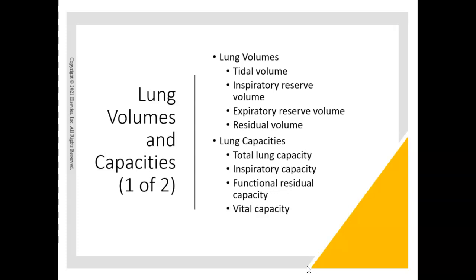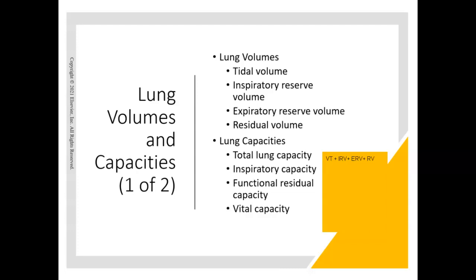Okay? Your lung capacities are going to be your total lung capacity, which is all of these volumes added together. Your inspiratory capacity is going to be made up of your inspiratory reserve volume and your tidal volume. Your functional residual, I should probably be typing these out for you. So your total lung capacity is your tidal volume plus your IRV plus your ERV plus your residual volume.